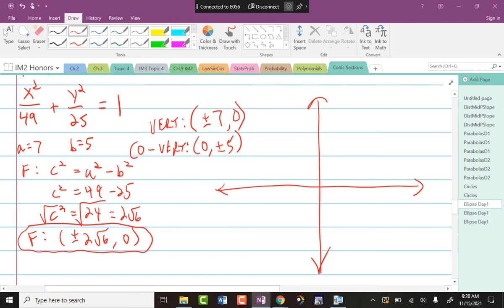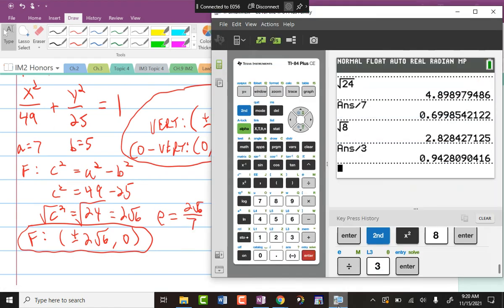And then just for giggles, the eccentricity, off to the side here, I'll circle these. The eccentricity is 2 root 6 over 7. To calculate that, I'll go to my calculator. I did the square root of 24, and I got 4.89, and then I divided that by 7.